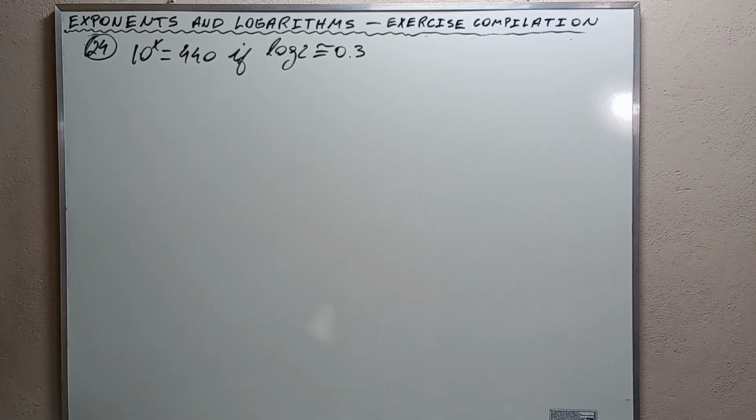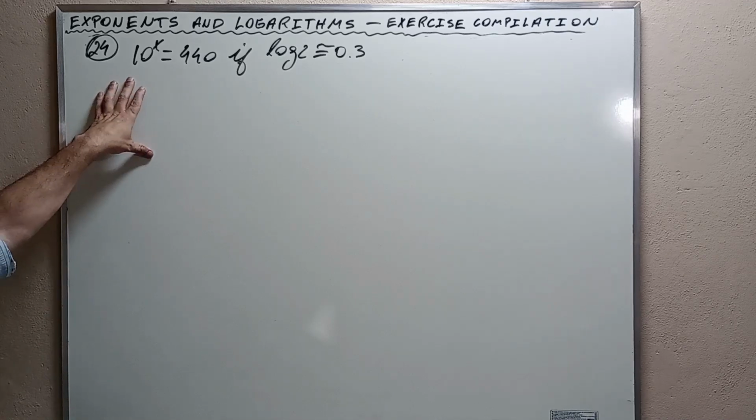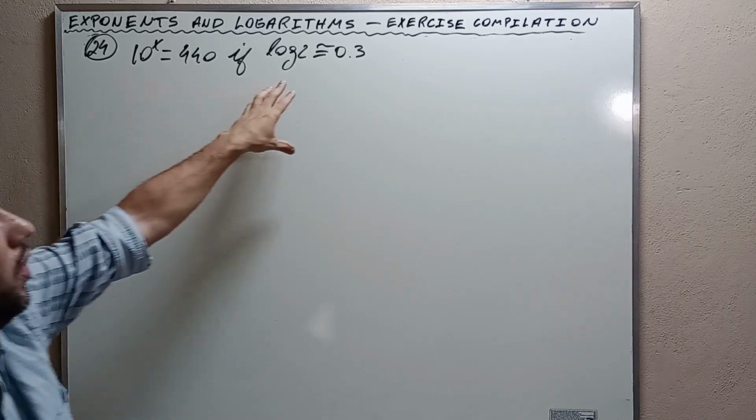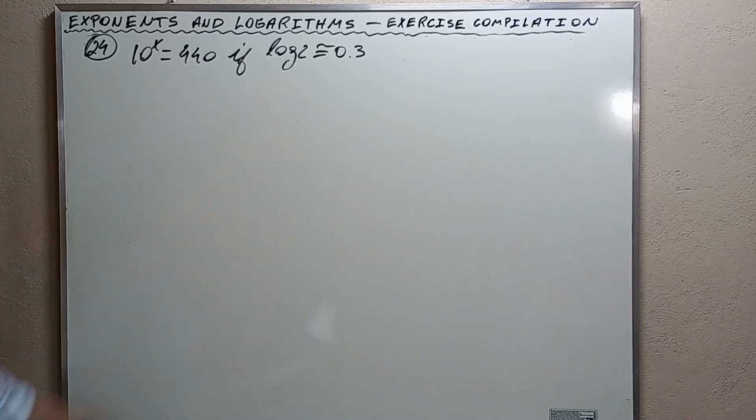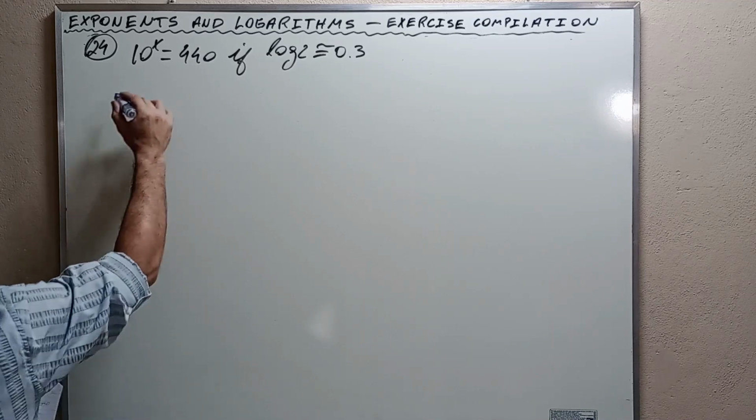Exercise 24, find an approximate value for 10 raised to the power of x equal to 440 if we can make the logarithm of 2 approximately equal to 0.3. Okay, my friend, this is the condition of the exercise. Let's solve it. We are going to use the logarithm in such a way.